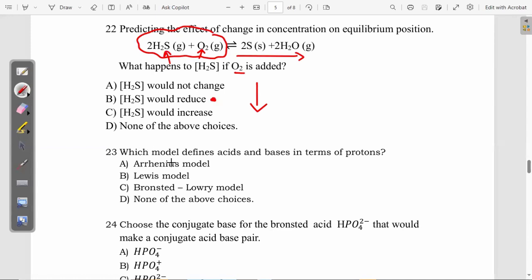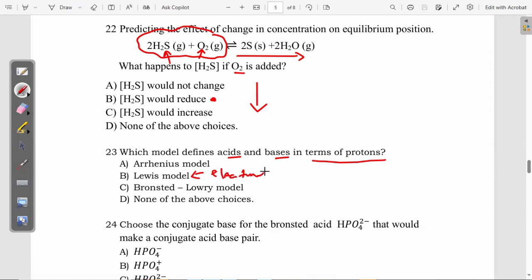Okay, and then which model defines acids and bases in terms of protons? The model that does that is the Bronsted-Lowry model. The Lewis model is based on electrons.